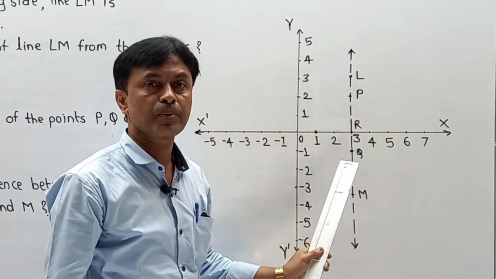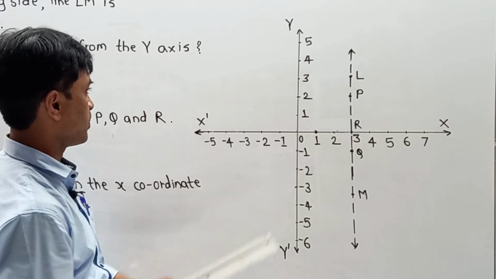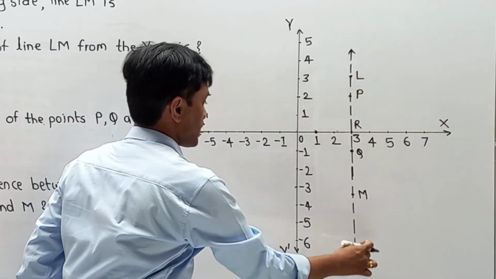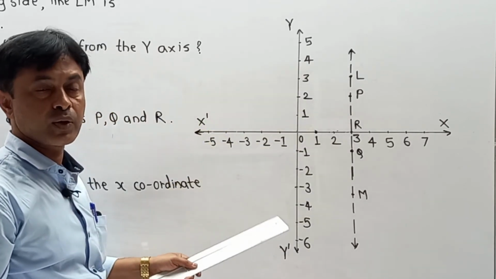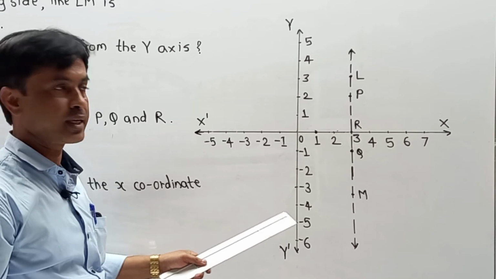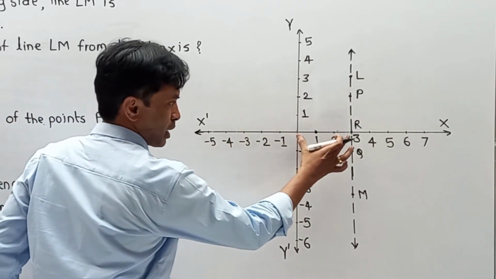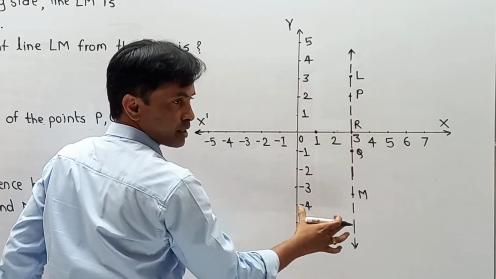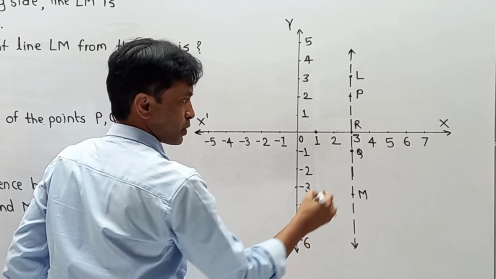Their first question from the diagram's point of view is, what is the distance of line LM from the y-axis? Now, when you take the distance of line LM from the y-axis, means this middlemost gap, that is nothing but the distance over here. We cannot write this directly.